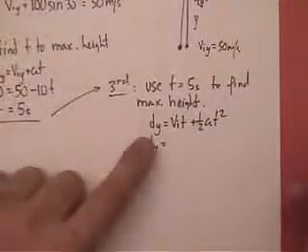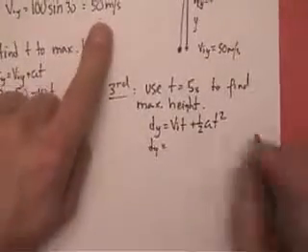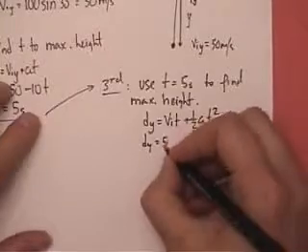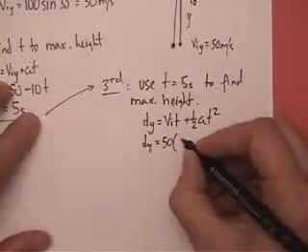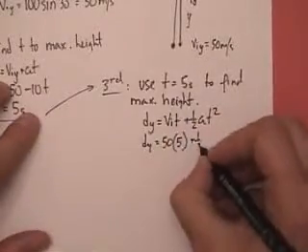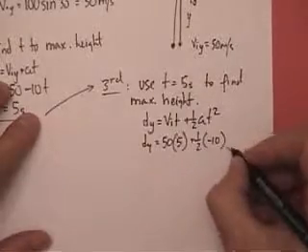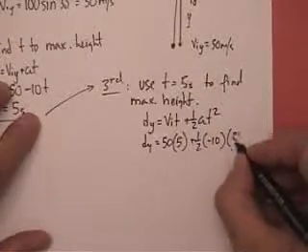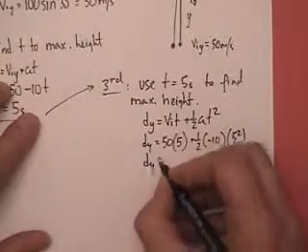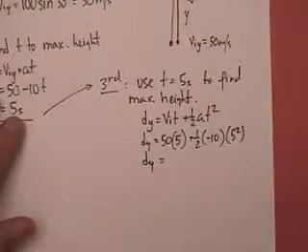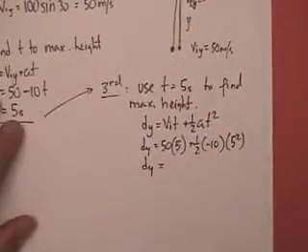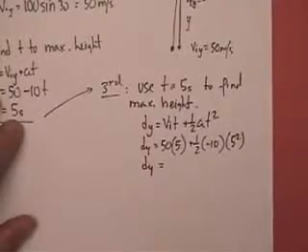What am I talking about? My VI is 50, right up here. So put that in. 50. My t is 5 plus 1/2 minus 10, 5 squared. So let's see, that's going to end up equaling 50 times 5.